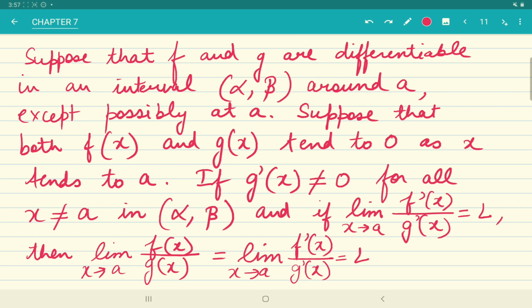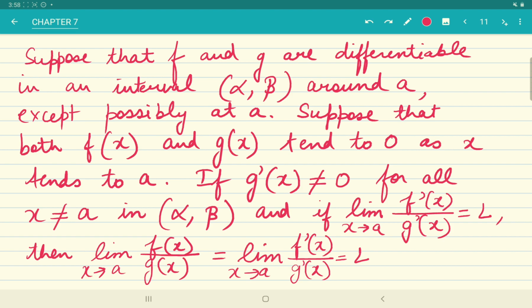We thought of this being equal to f prime a divided by g prime a. That's not needed. So we suppose here that f and g are differentiable in an open interval around a, except possibly at a.